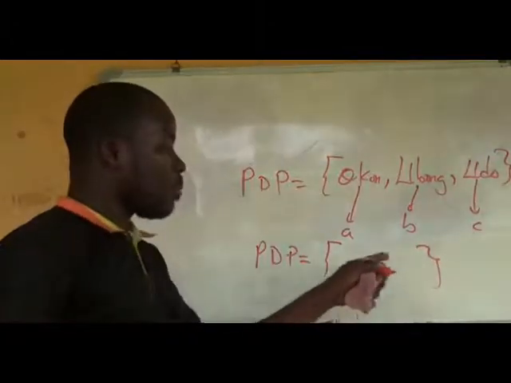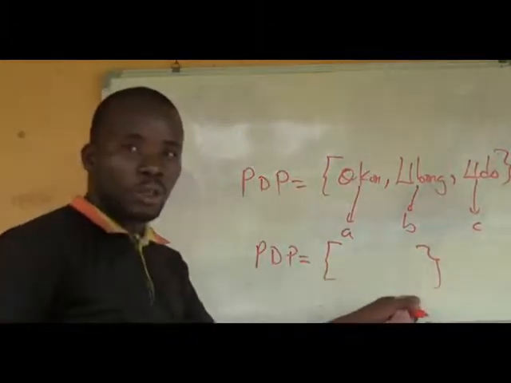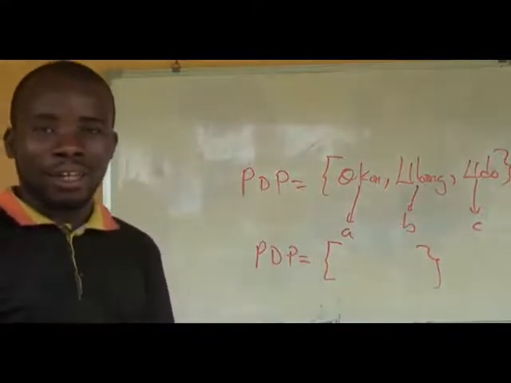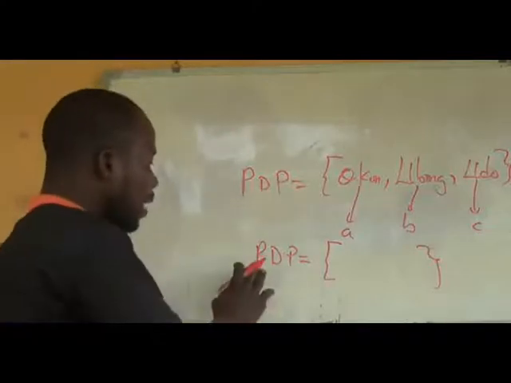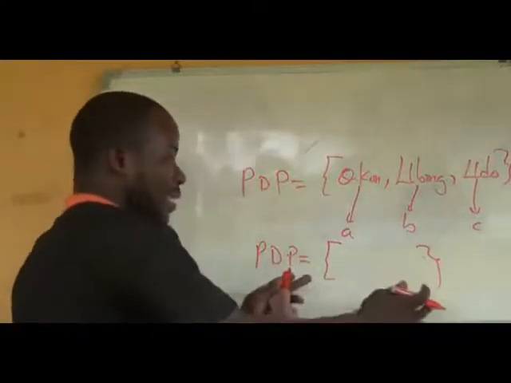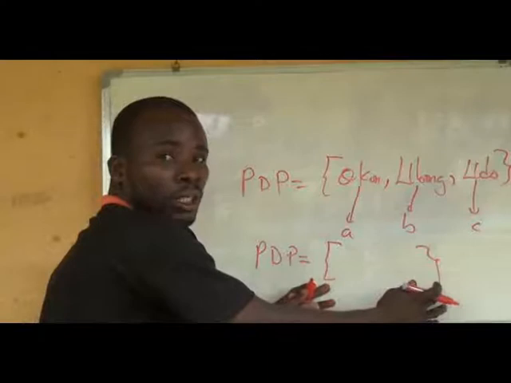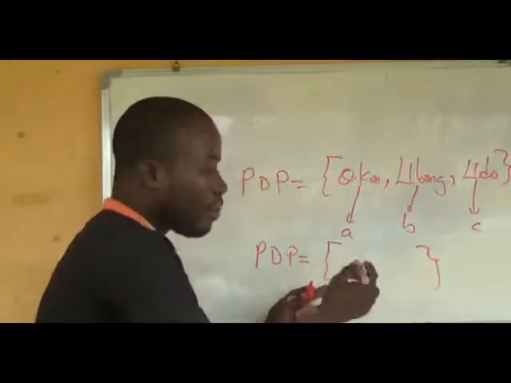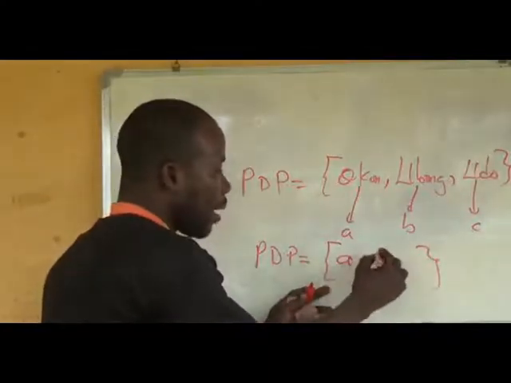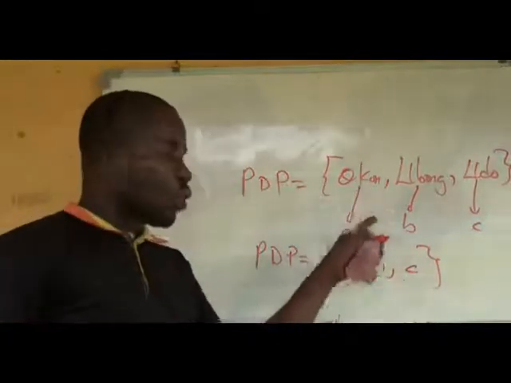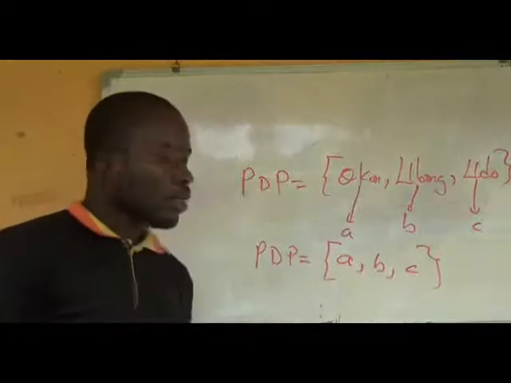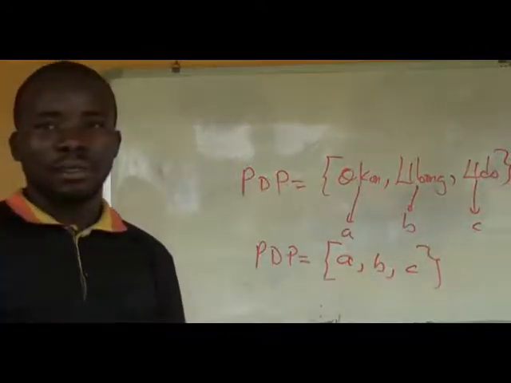This bracket of braces open and braces closed is what is read as a set of persons or a group of persons. So PDP is a group of persons comprising of the following membership: A, B, C, where we know that A signifies Okun, B signifies Ubong, and C signifies Mr. Udo.